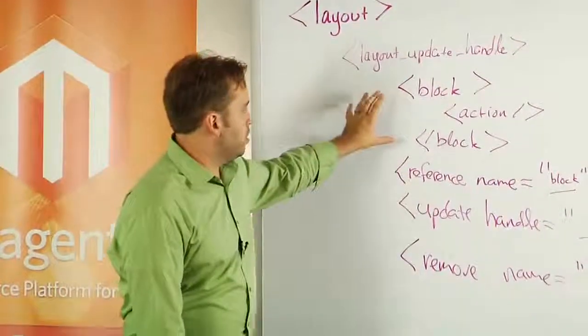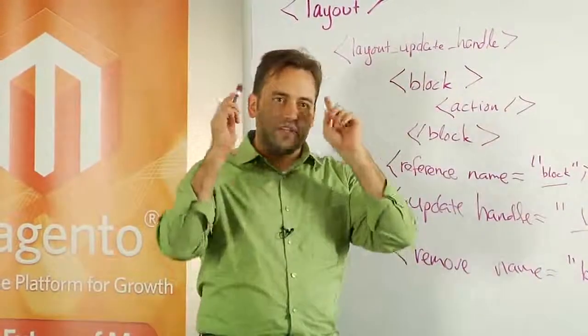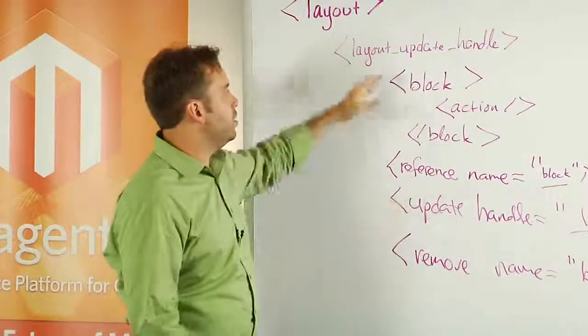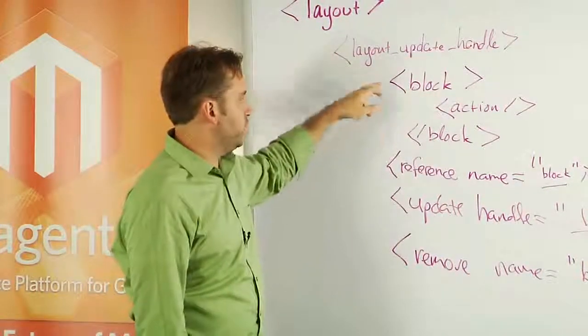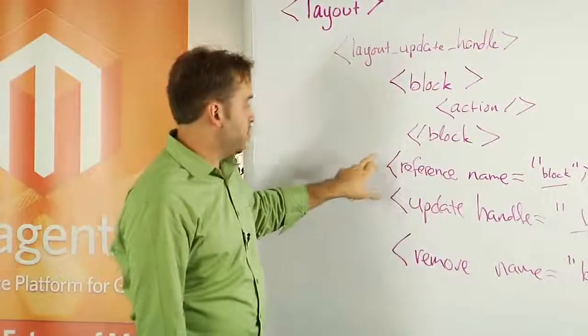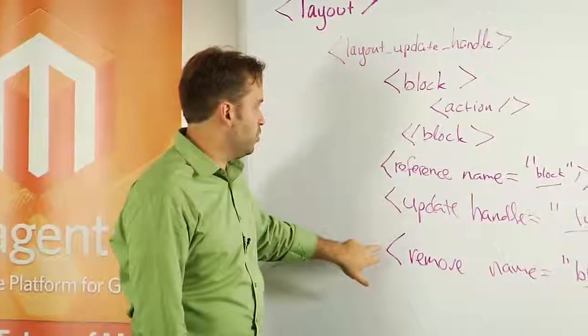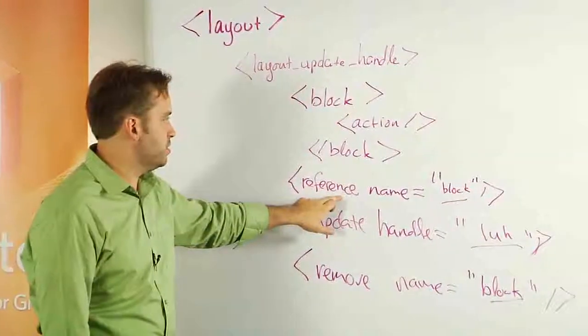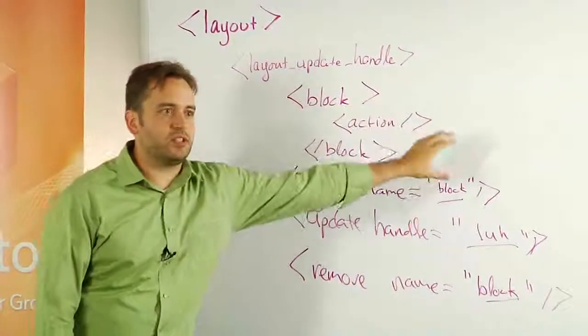So, blocks can have any sort of order of nesting, but this is a hierarchy you can always rely on. Layout, layout update handle. Under layout update handle, we can have block, reference, update, and remove. Blocks, though, we could put inside a reference. And blocks we can put in blocks and blocks and blocks.